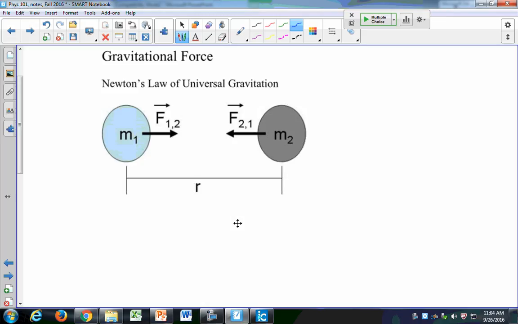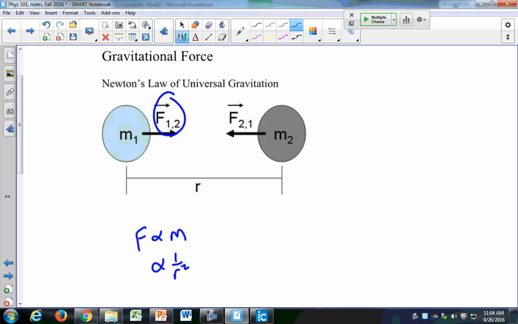He found that the force is proportional to the mass of the two objects, and proportional to 1 over r squared. He didn't measure this. Actually, the gravitational force can be quite difficult to measure between two objects of mass, but he calculated it using something he called the shell theorem, which he invented.